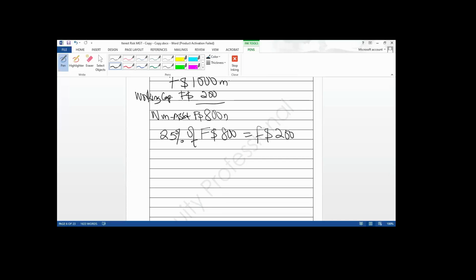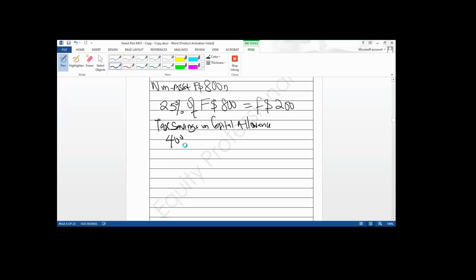Now, when you have your capital allowance, the impact of capital allowance is to reduce your tax liability. The purpose of capital allowance is to reduce your tax liability. Now calculate tax savings on capital allowance. The tax rate is 40%.